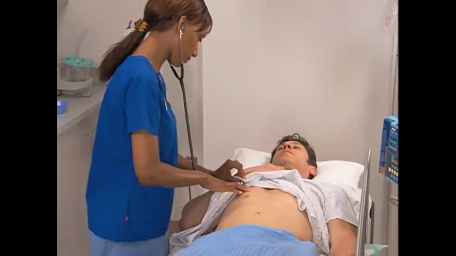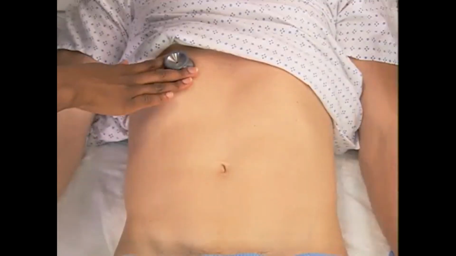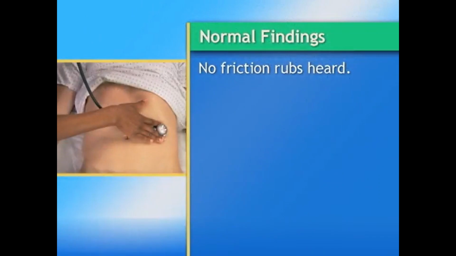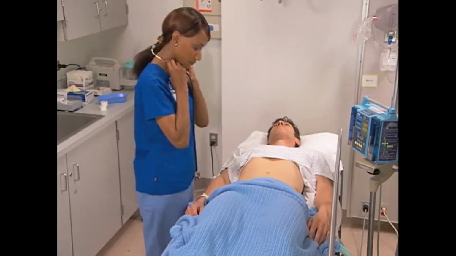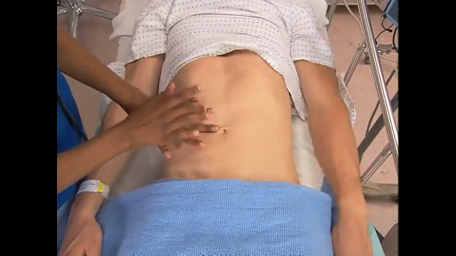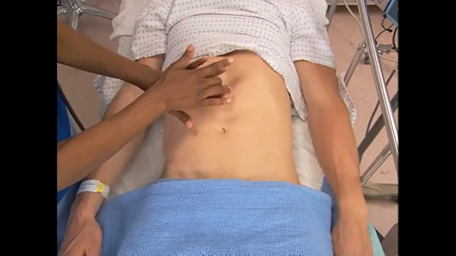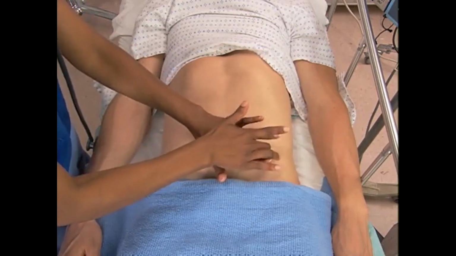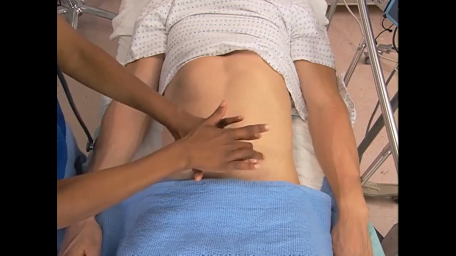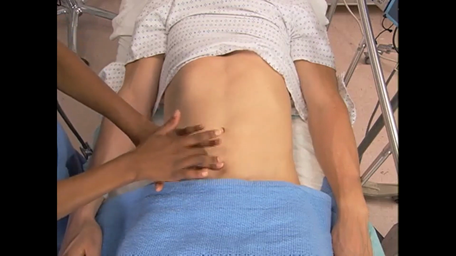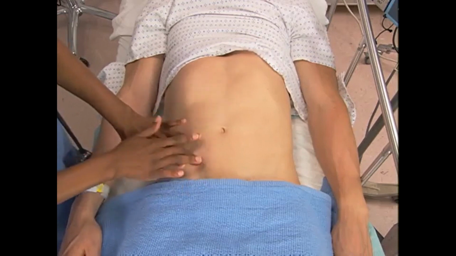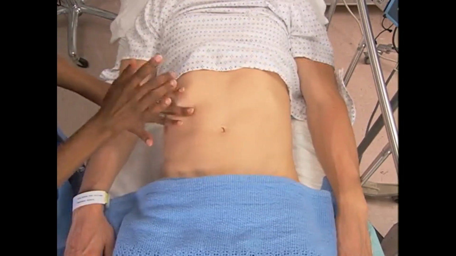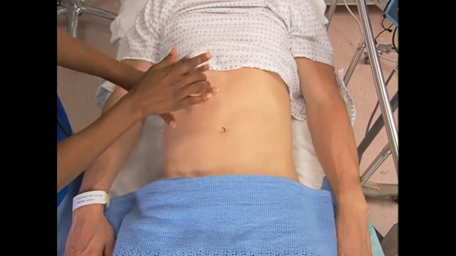Finally, switch back to the diaphragm and listen for a friction rub over the liver and spleen. No friction rubs heard. After auscultation, you may safely percuss the 4 quadrants, following either a clockwise sequence or an up and down sequence.